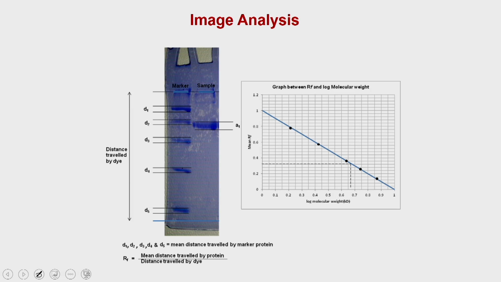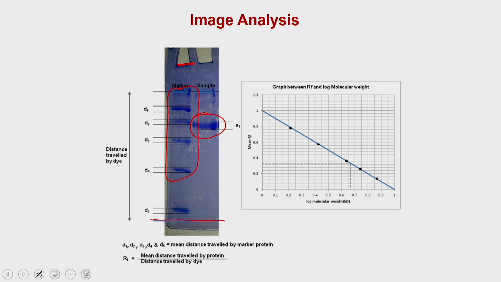For that, you are going to run a molecular weight marker, where you know the molecular weights of these proteins, or you will run known molecular weight proteins. Then based on their distances from the well and the dye front, you can calculate the RF values of all these different proteins, and then you do the same exercise for your unknown protein, and using the calibration curve, you can calculate the molecular weight.